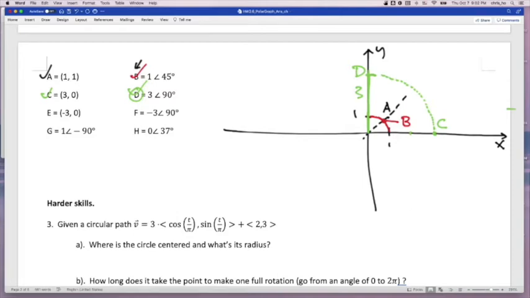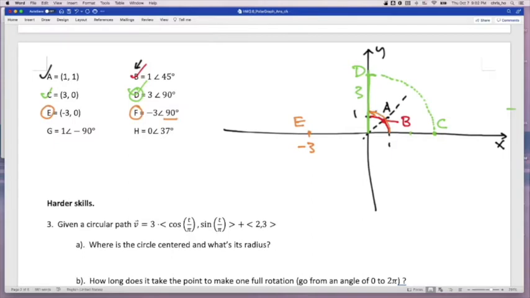Minus 3, 0, part E. Let's go to minus 3, 0. Switch to orange now. So minus 3 over here. Y is 0, so that's point E. Point F, minus 3, but at 90 degrees. Now this time we have to be a bit careful. So let's start with the angle, 90 degrees. 90-degree angle is this way.